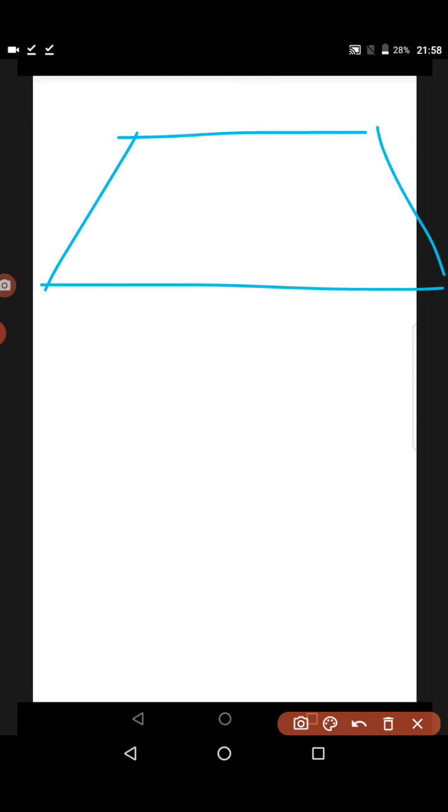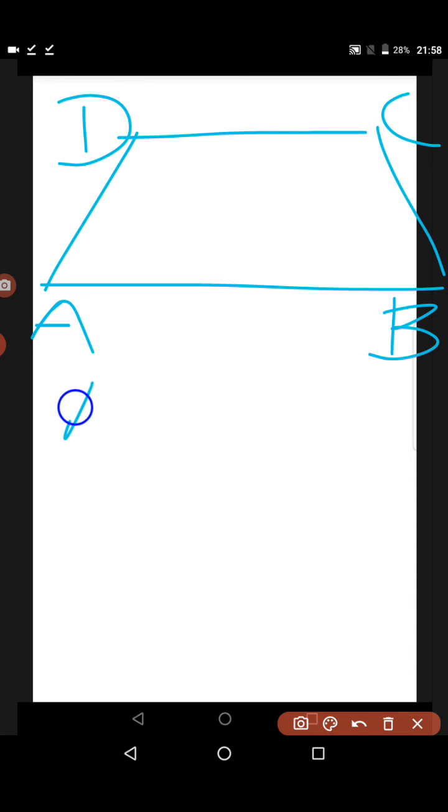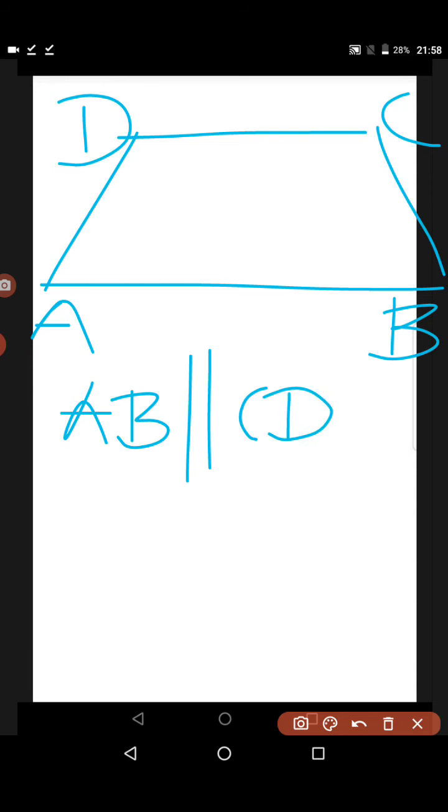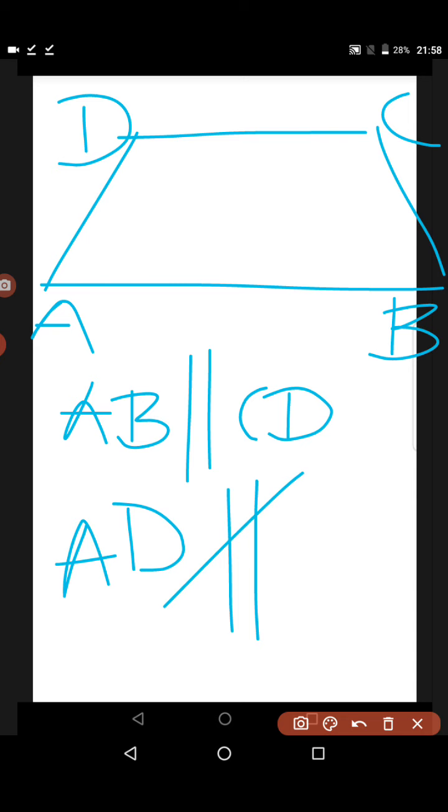And another thing, in the diagram we have named it so that we can write it in symbolic form. So here AB is parallel to CD, so we should represent it like this. We already know this all. CD. And AD is not parallel to BC. These are the main conditions in a trapezium.